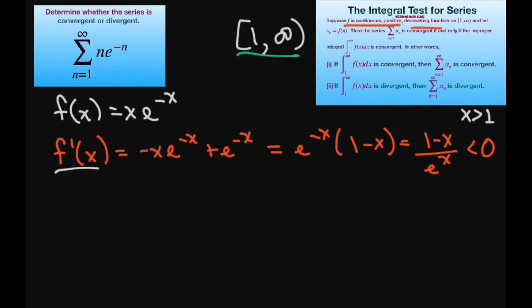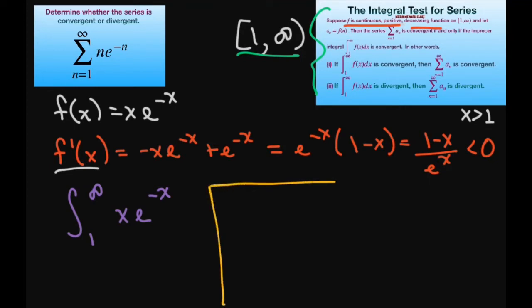So we can apply the integral test, and that's what we're going to do. We're basically going to take the integral from 1 to infinity of x e to the power of negative x. To save some room, I'm going to integrate this real quick on this slide, and then we're going to continue on with the integral test.